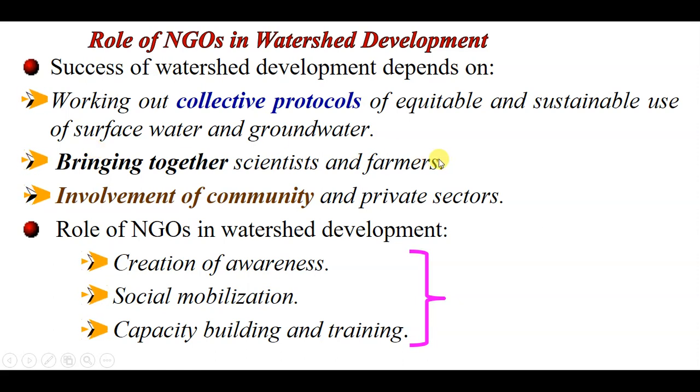Generally, the role of NGOs includes creation of awareness, that is teaching the society; social mobilization, that is maybe fundraising or simply mobilizing the society; capacity building and training, such as by holding forums and trainings.